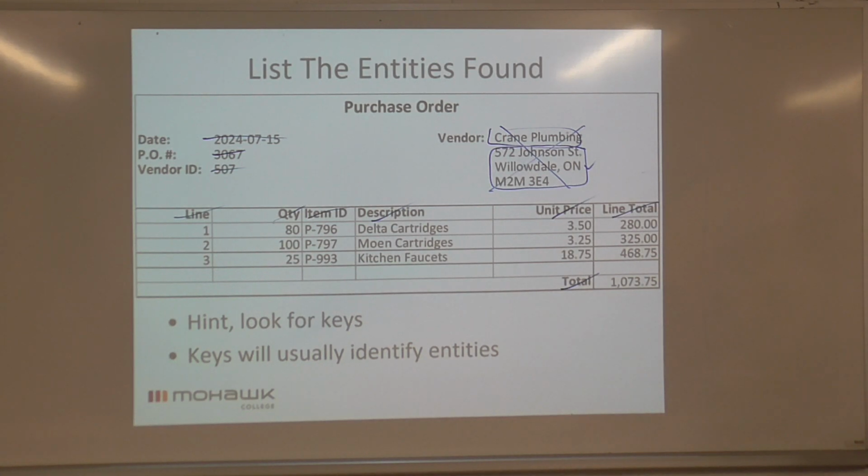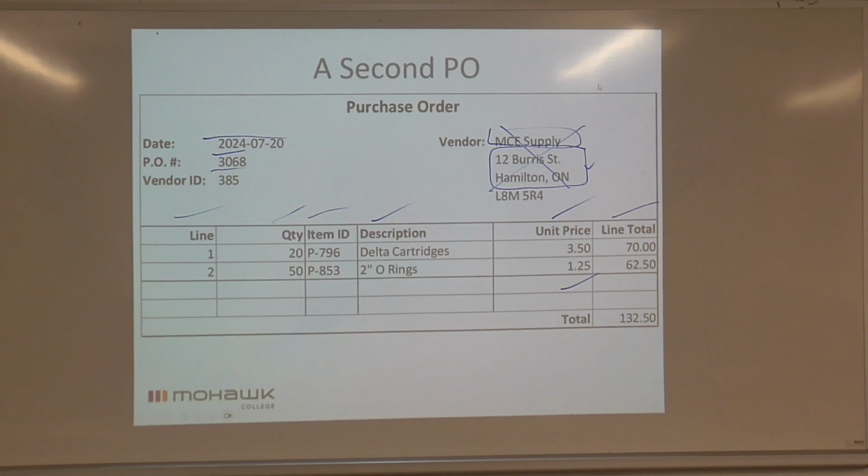So, good. Here's a second purchase order. You can see that we have all of the same entities that we've already extracted.